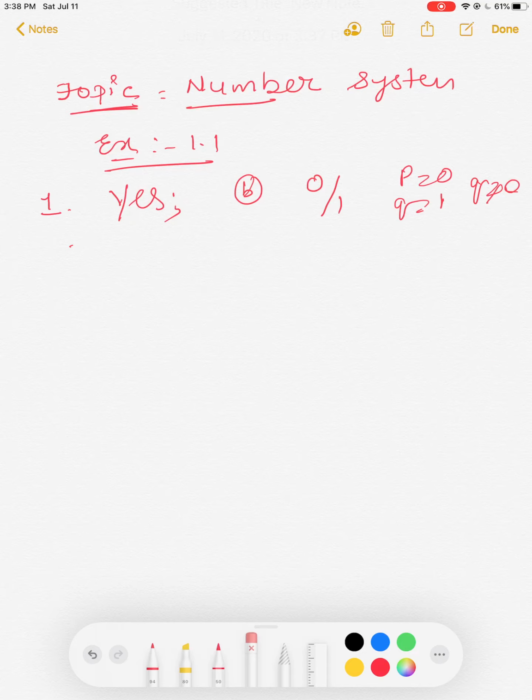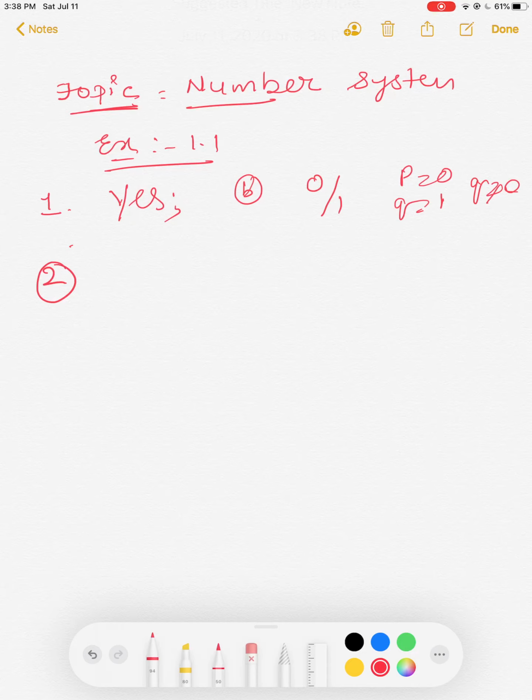Second problem: find the rational numbers between 3 and 4.